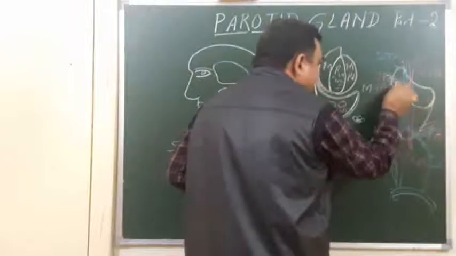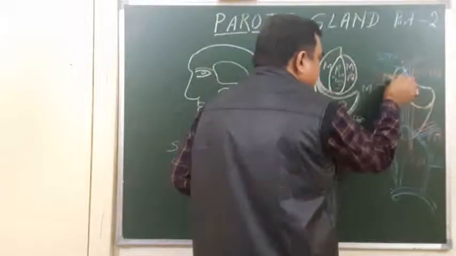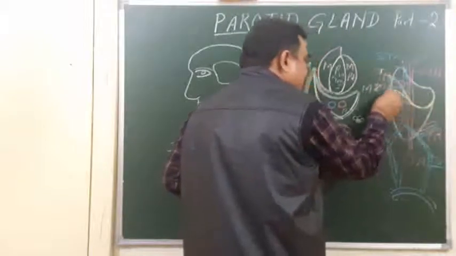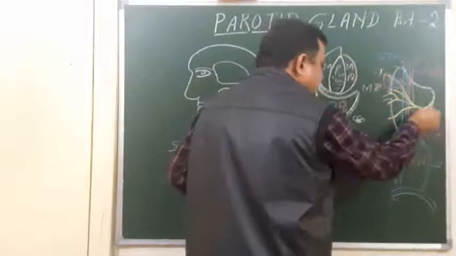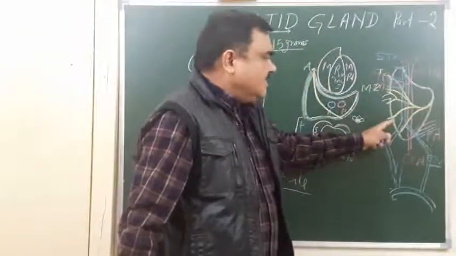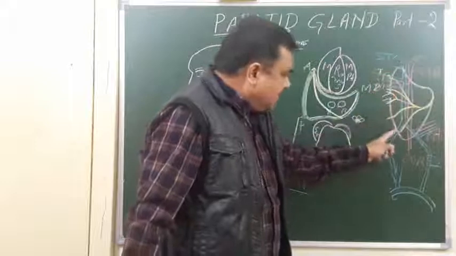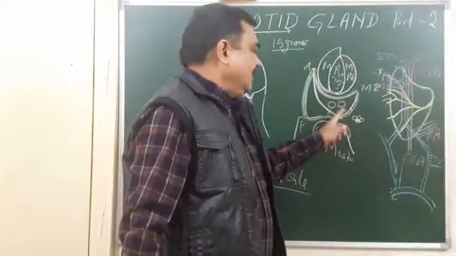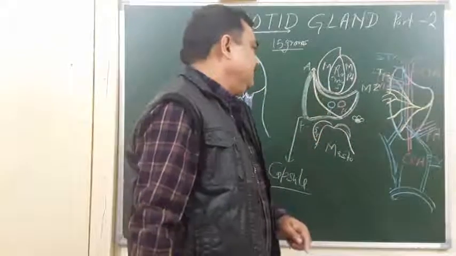It divides into 5 branches: temporal, zygomatic, buccal, which gives upper and lower divisions, mandibular, and cervical. So it gives 5 branches within the substance of the gland, and these branches arise from the anterior border of the gland. So from medial to lateral there are the external carotid artery, retromandibular vein, and facial nerve. Thank you.